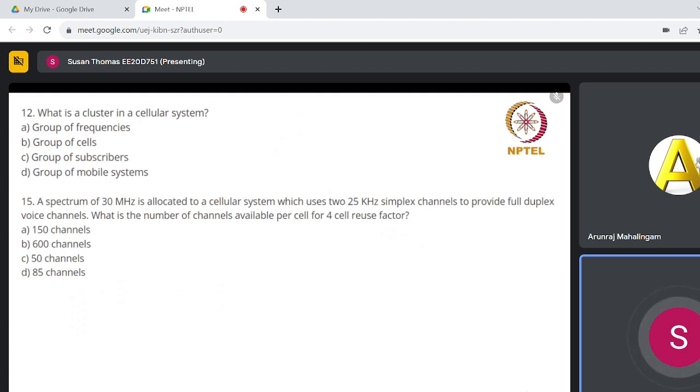Moving on to the next question. What is a cluster in a cellular system? What is a cluster? So a cluster is basically a group of cells.